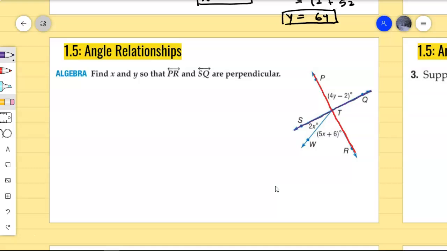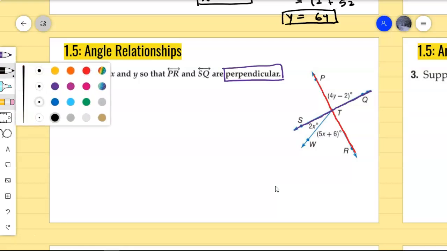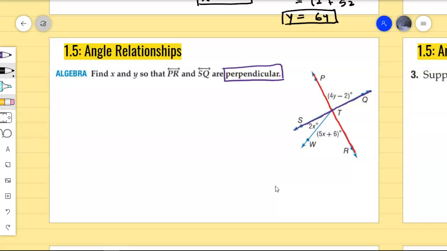Now, you want to make sure that those are perpendicular. So if they're perpendicular, one thing that we've learned is you may now go to every one of the angles that's created. There's going to be four angles that are created: 1, 2, 3, and 4. Every one of those angles, remember you only have to put it on one of them, is automatically going to be 90 degrees.